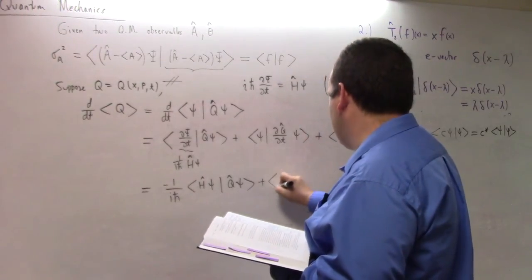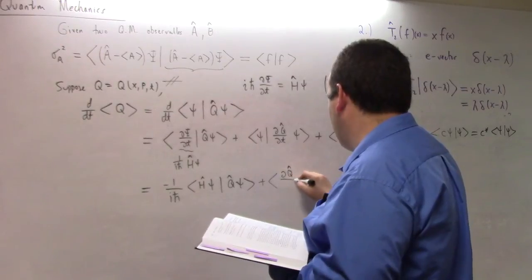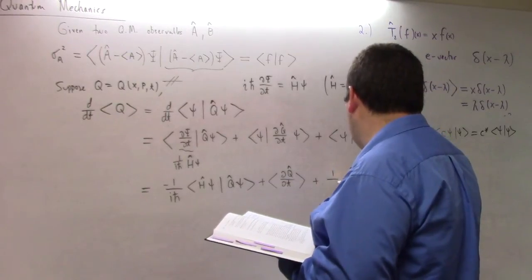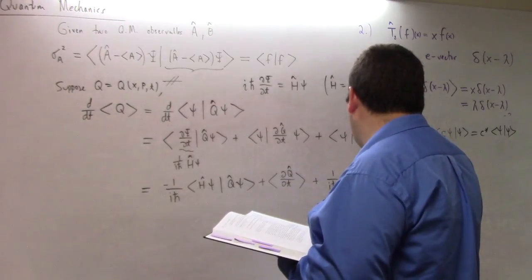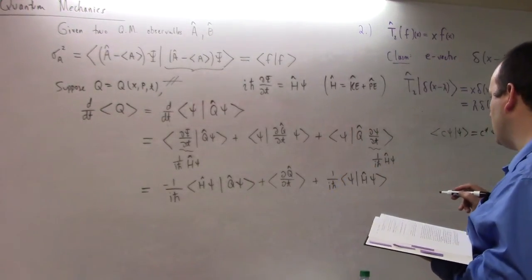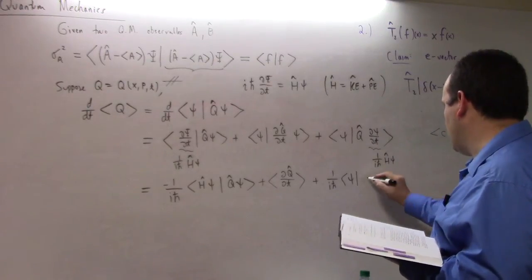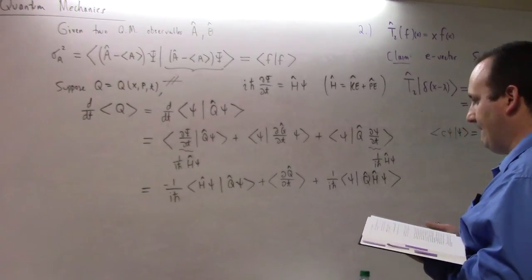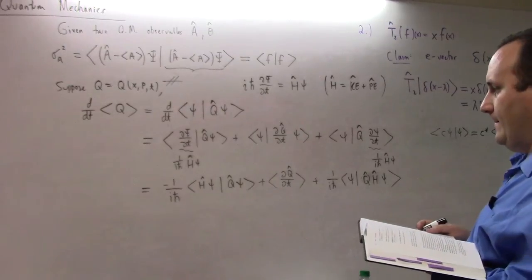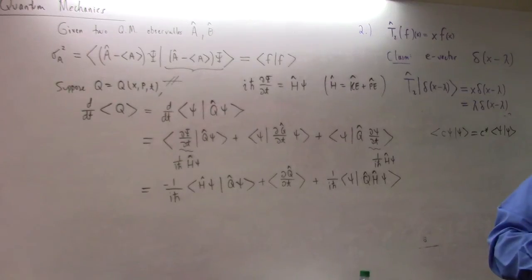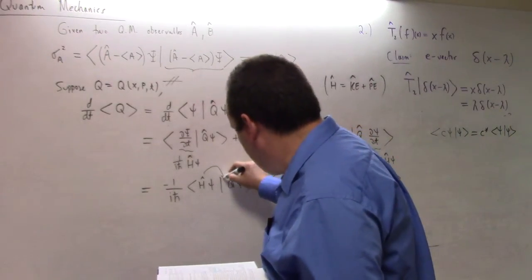And then this is just the expectation value of the time derivative of the operator. And then over here, I've got 1 over i h bar, psi, H hat, Q hat psi. Where'd my Q go? That's a Q H, right? Now, the Hamiltonian is a Hermitian operator, so I can move that over there.